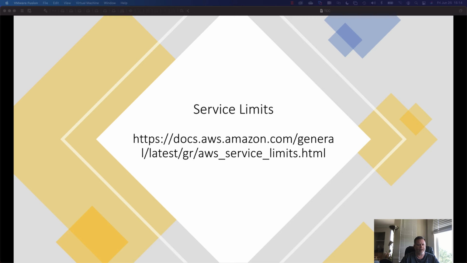You're also only allowed 5,000 users, 300 groups, and 1,000 roles. And we'll talk about that when we get into identity access management and security. But each account has a limit of 5,000 users, 300 groups, and 1,000 roles.